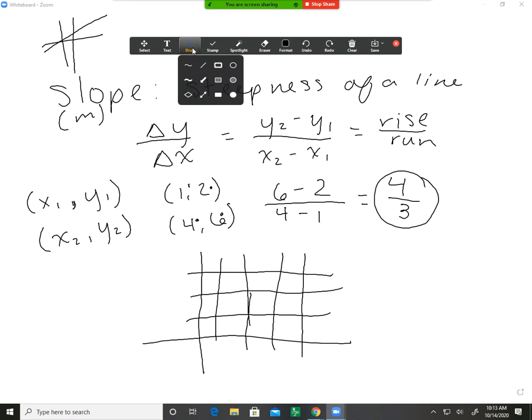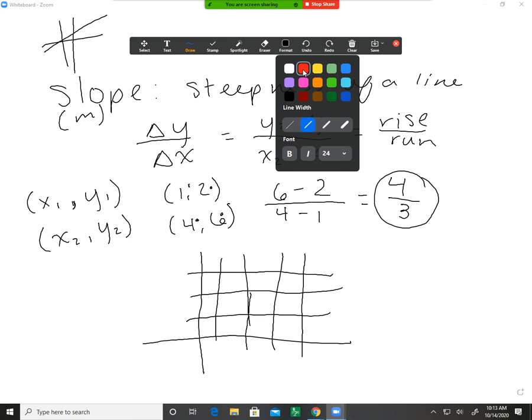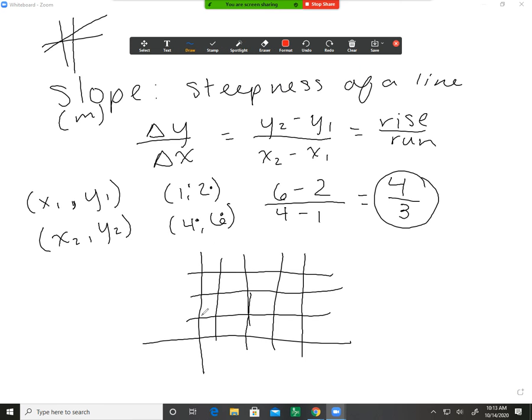All right, so if we have 2 points of a line, and say we're even given the line, let's draw in the line. We need to find the slope of that line.